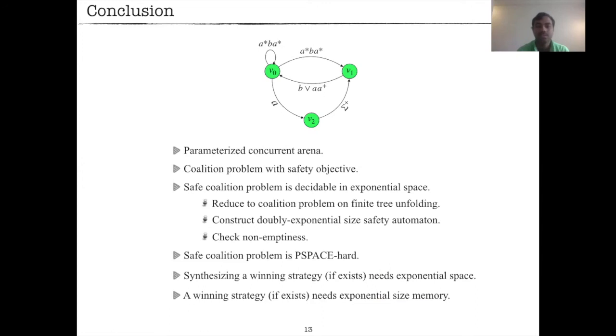This is done by first reducing the coalition problem to a coalition problem on its finite tree unfolding, then constructing a doubly exponential size safety automaton, and then checking the non-emptiness of the safety automaton. We have also shown that the safe coalition problem is PSPACE-hard. Moreover, synthesizing a winning strategy, if it exists, needs exponential space, and a winning strategy, if it exists, needs exponential size memory, which is unavoidable.